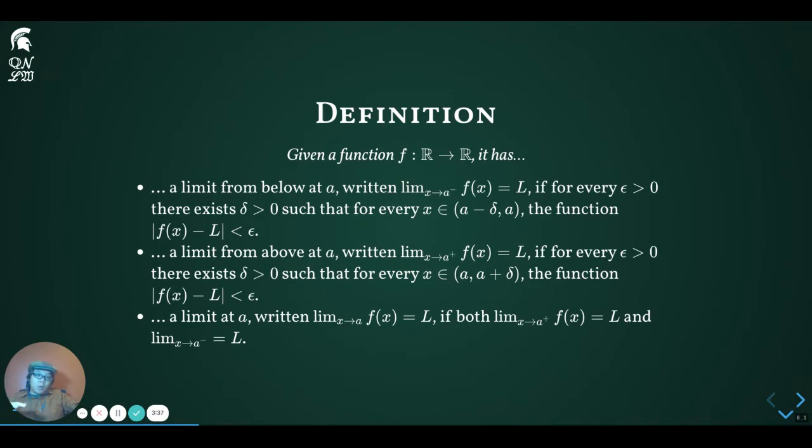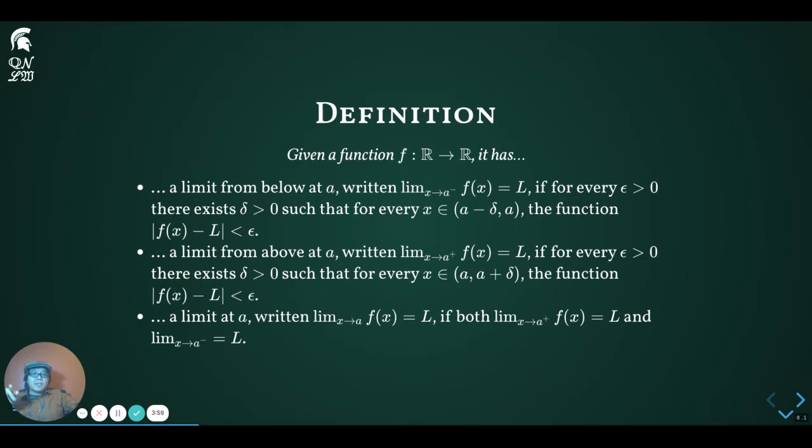The below and the minus symbol signifies that we are caring about intervals that go from just a bit less than a, the value a minus delta, to exactly a. Notice that we only look at the open interval, so the value a itself is excluded.